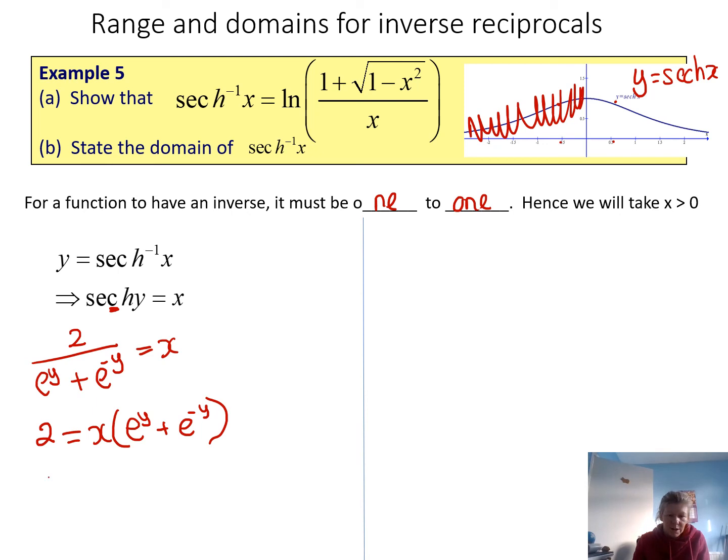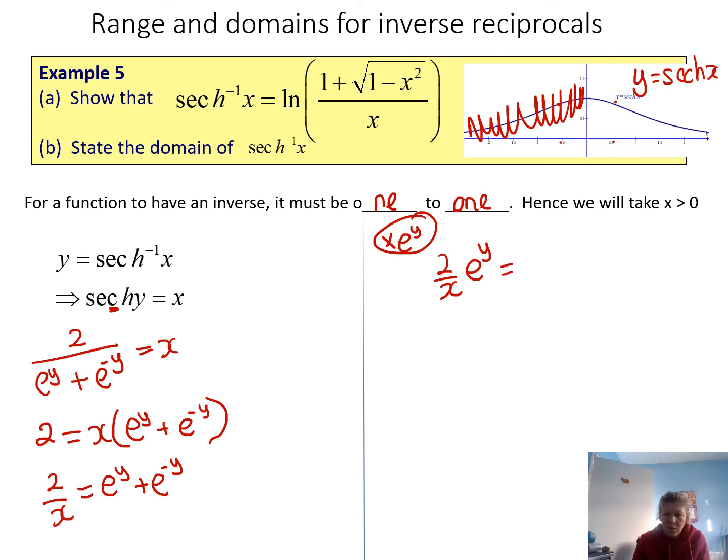Take the x back down there. What we're going to do next is multiply through by e to the y. So we get 2 over x times e to the y equals e to the y times e to the y, which gives you e to the 2y, plus e to the minus y times e to the y.